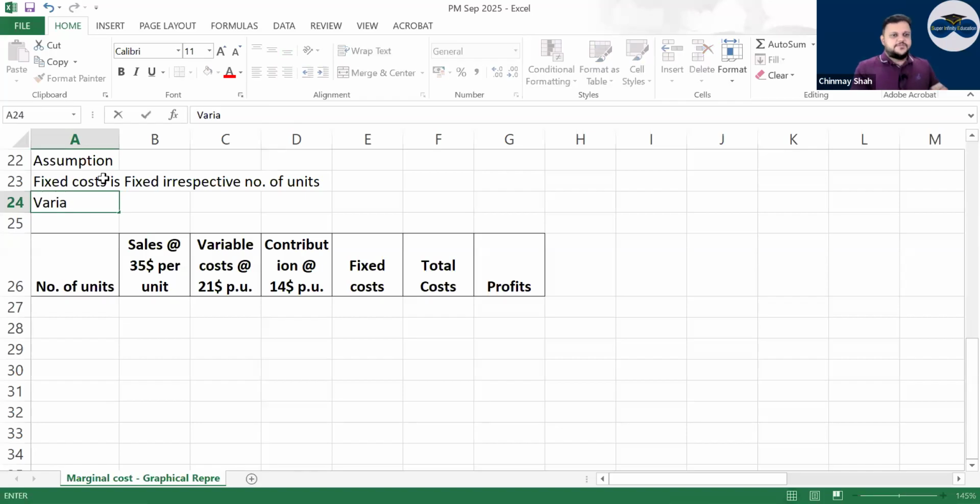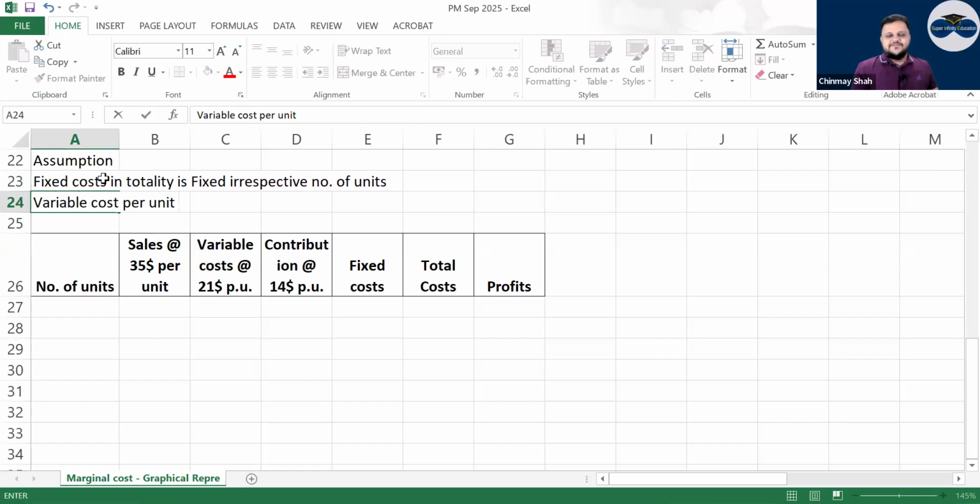Variable cost per unit, fixed cost in totality is fixed. Let me write: totality is fixed irrespective of number of units. And variable cost is what? Cost per unit is what? Fixed or variable?